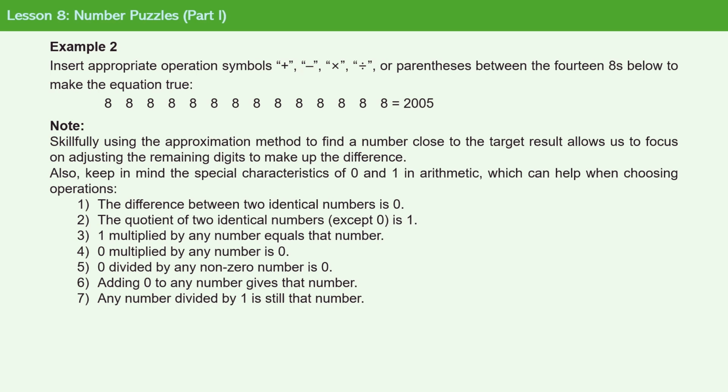The quotient of two identical numbers, except 0, is 1. 1 multiplied by any number equals that number. 0 multiplied by any number is 0. 0 divided by any non-zero number is 0. Adding 0 to any number gives that number. Any number divided by 1 is still that number.